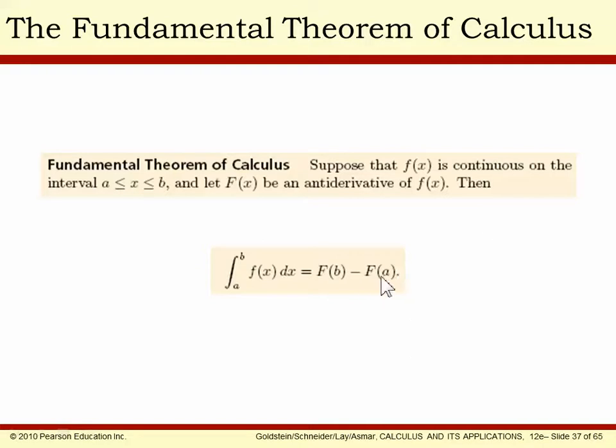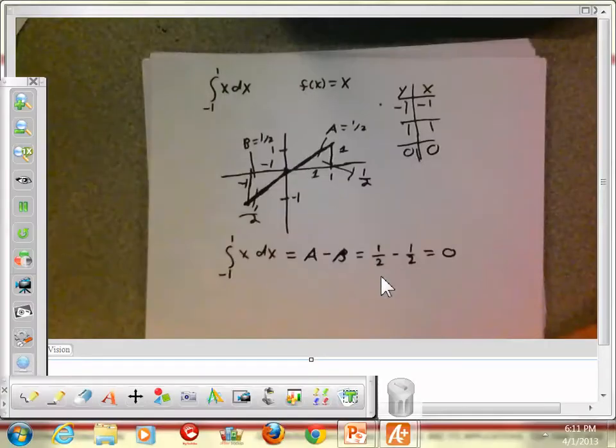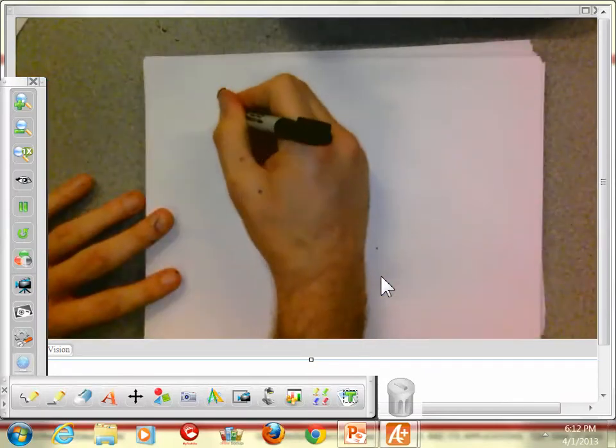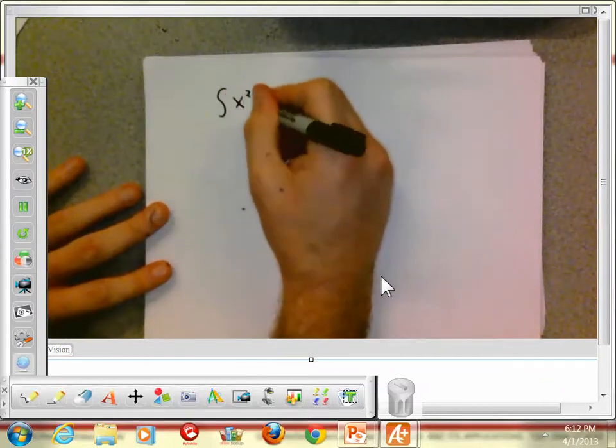So just a quick question: why can we use any antiderivative we want? It says, let F be an antiderivative. Let's go back to two sections ago and find the indefinite integral of x squared dx.